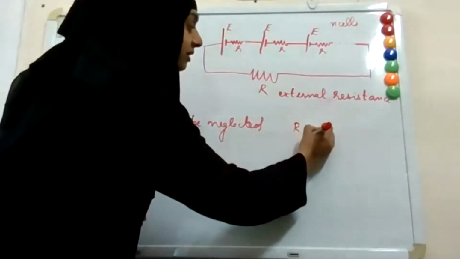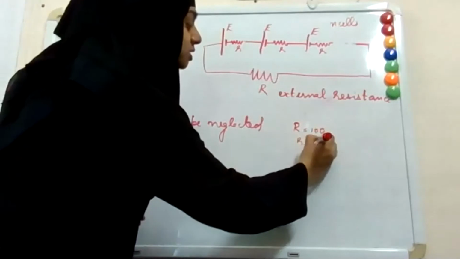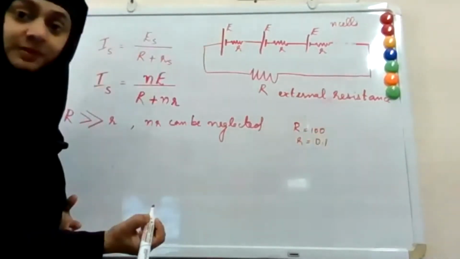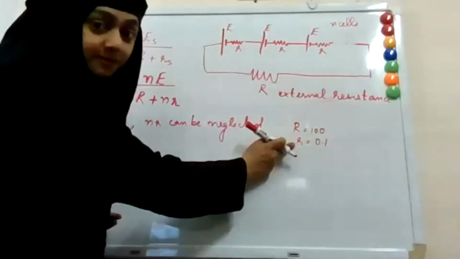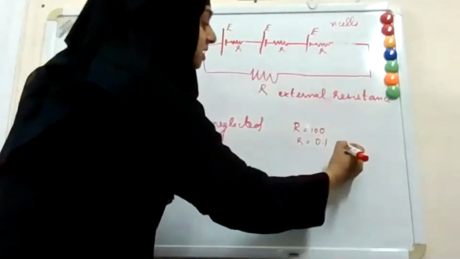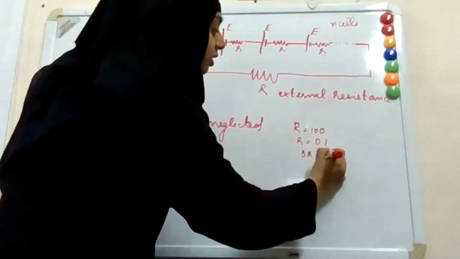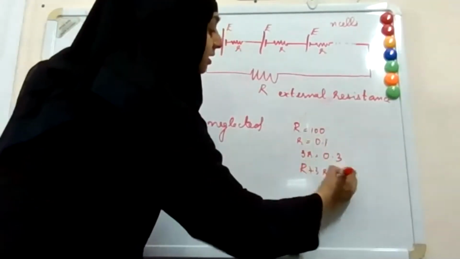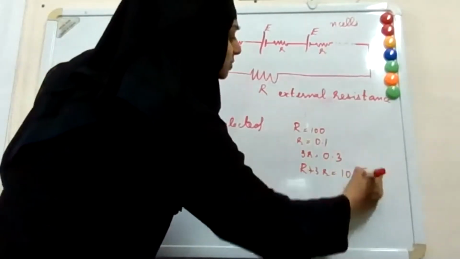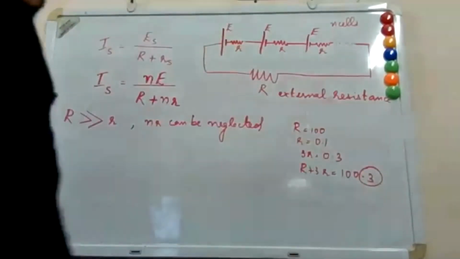Suppose R is 100 and small r is 0.1. Then R is very much bigger than small r. And if there are 3 cells, this 3r will be 0.3. So R plus 3r will be 100.3. This 0.3 can be neglected compared to 100, right?